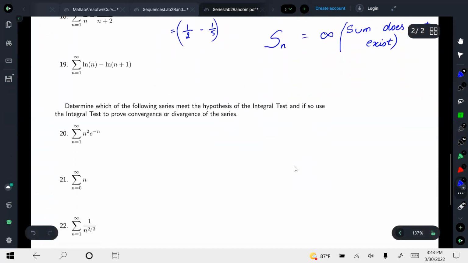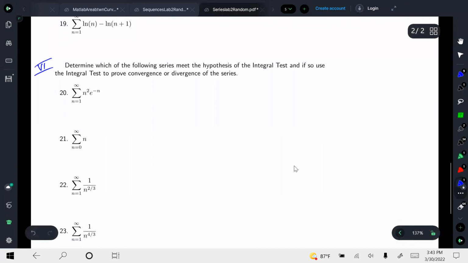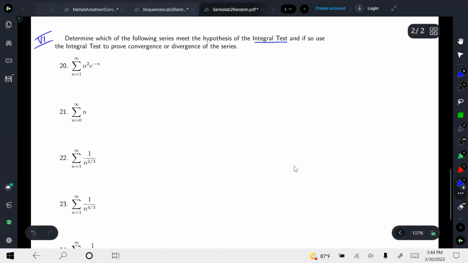Now, the last type is type 6. You need to find out whether the given series follow the integral test. In other words, can you apply the integral test for all the series given here? That is the question.